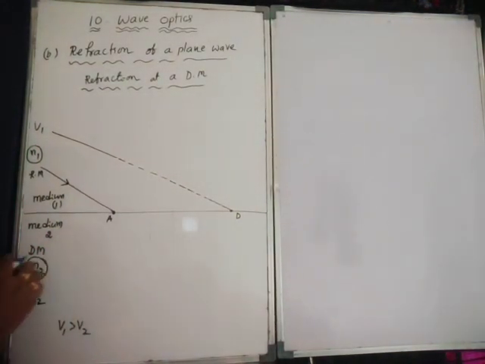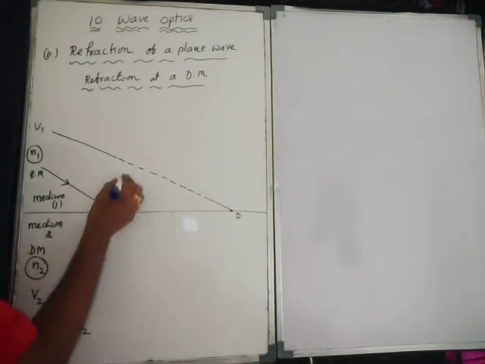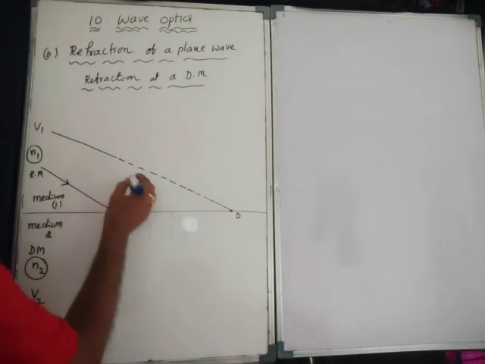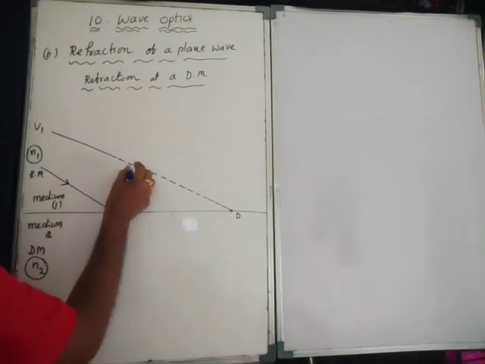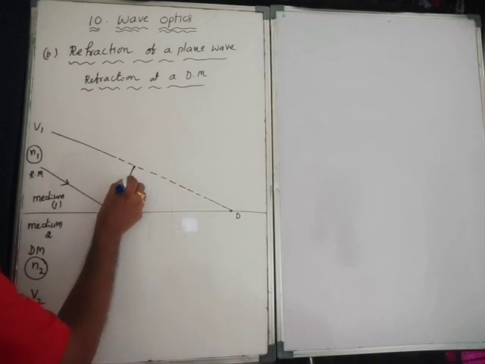Now the incident wavefront. As usual, the incident wavefront is normal to the direction of propagation of light.